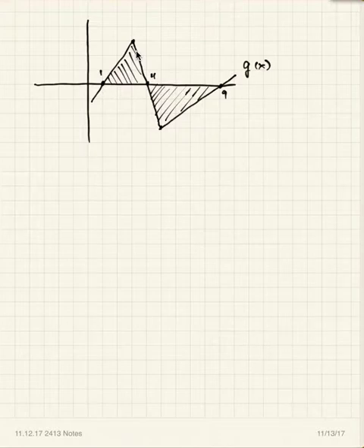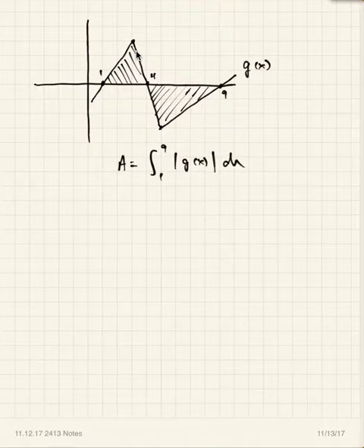So now, if you wanted to find the area of that shaded region, you could simply write this as the integral from 1 to 9 of the absolute value of g of x, like so. But from a practical standpoint, we would split this up as the integral from 1 to 4 of g of x dx.